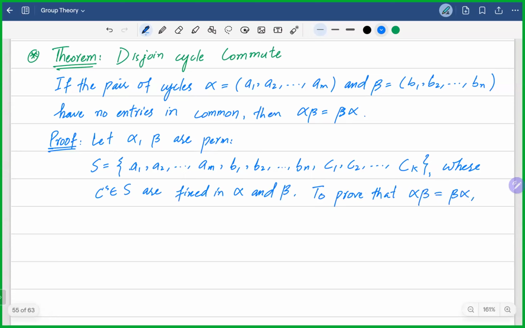We must show that alpha beta of x is equal to beta alpha of x for all x in S.